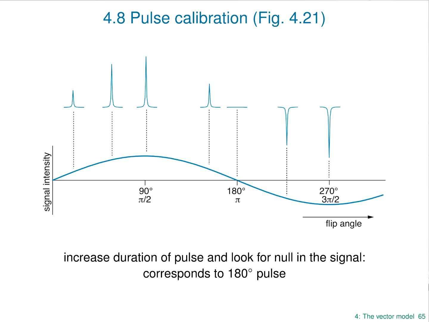And the reason for doing that is that this zero crossing is usually more sharply defined than the 90 degree, because the 90 degree is a kind of flat plateau. The 180 degrees, it's crossing through zero. So the experiment you would do, you would increase the pulse flip angle until you saw no signal, and that would be a 180 degree pulse.